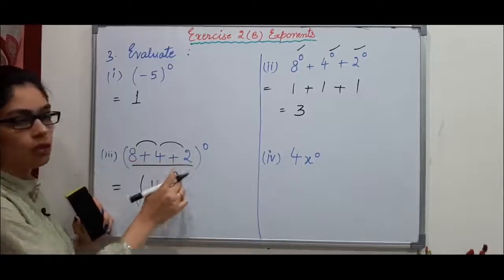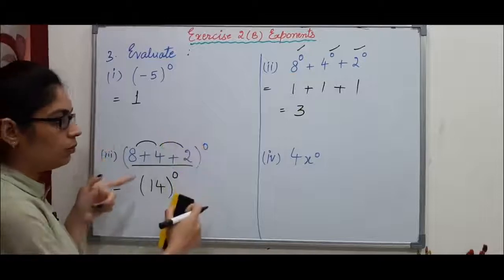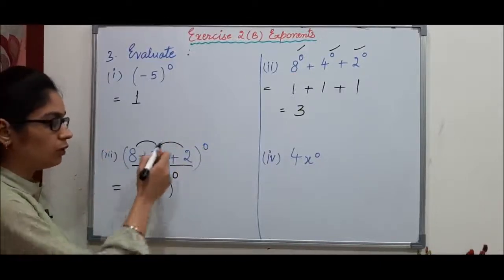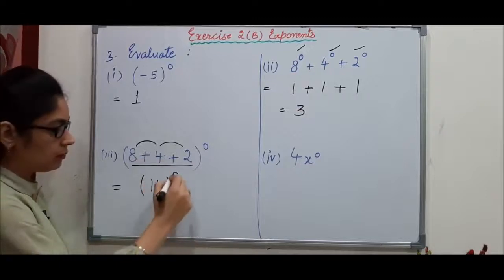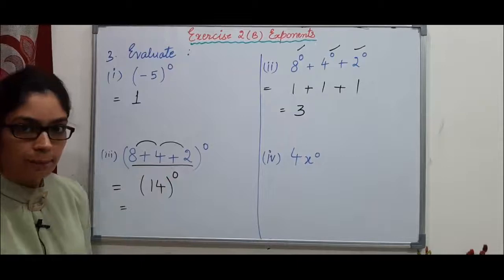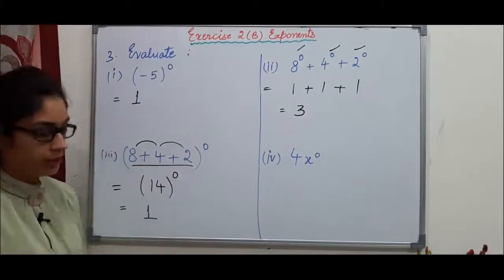The power was on the whole. So we add these numbers, and then write the power 0 as it is. If the power of any number is 0, its value is equal to 1. 14 to the power 0 is equal to 1.